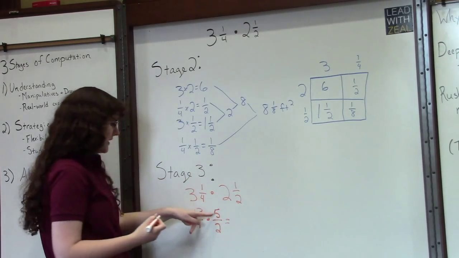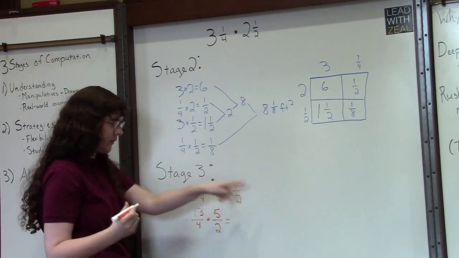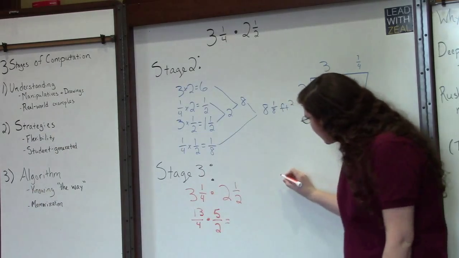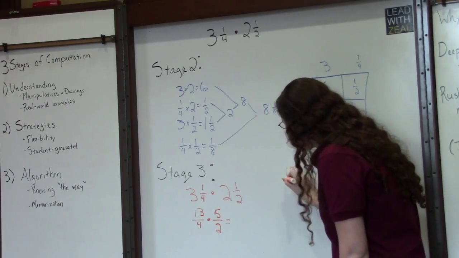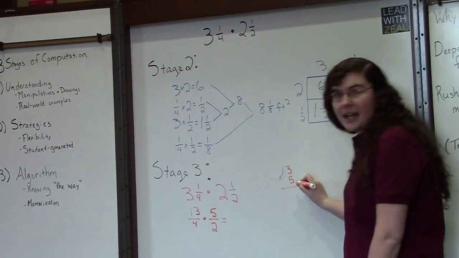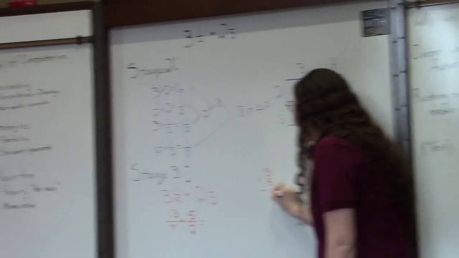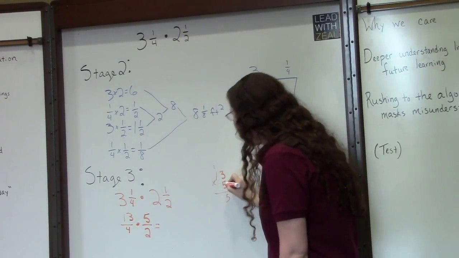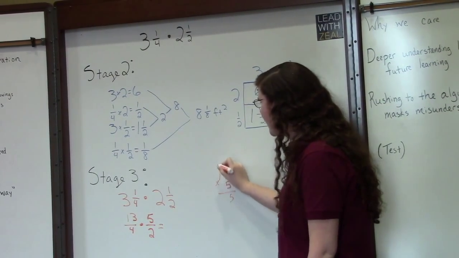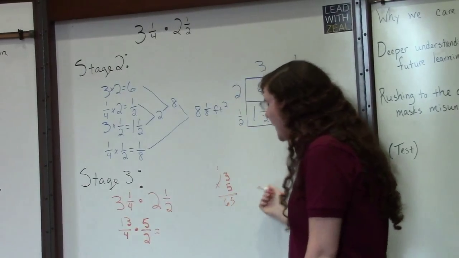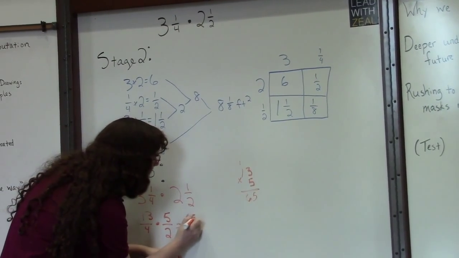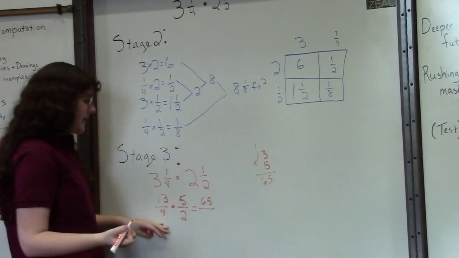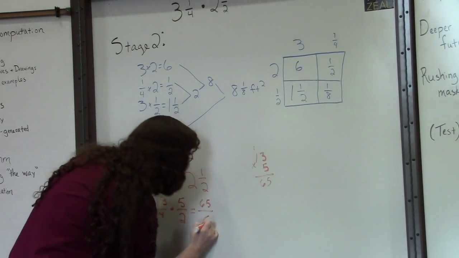So 13 times 5. Well, let's go over into a corner and let's write that 13 and put the 5 underneath it and multiply this out so you have the 5 times the 3 gets you 15. And you carry the 1, and then you have the 5 times the 1 gets you 5 plus 1 gets you 6. And then you go back over here and you write in that that's 65 over, and then 4 times 2 gets you your 8.